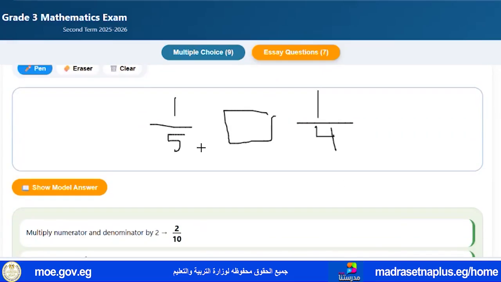If we have same numerator, 1 equals 1, same numerators. Now look at denominators. The smaller denominator, the greater fraction. That means 1/4 is greater than 1/5, or 1/5 is smaller than 1/4.